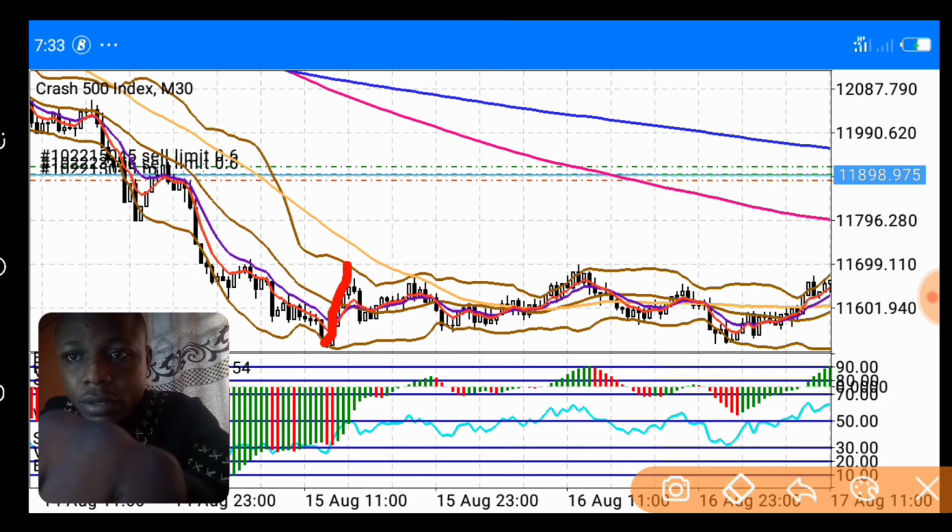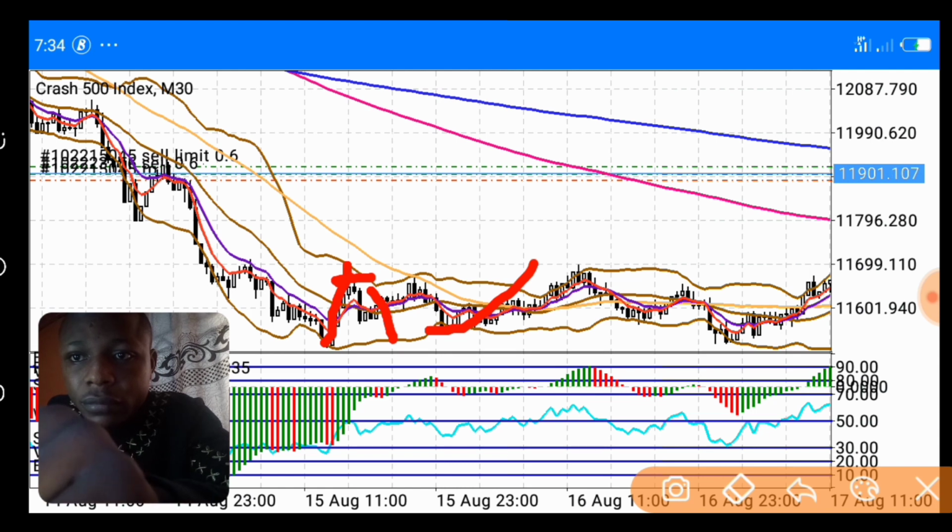It reverses to the upper BB. You see, it reverses to the upper BB, then comes back and respects the lower BB again. Here you can see.